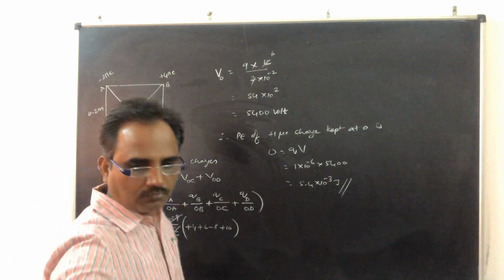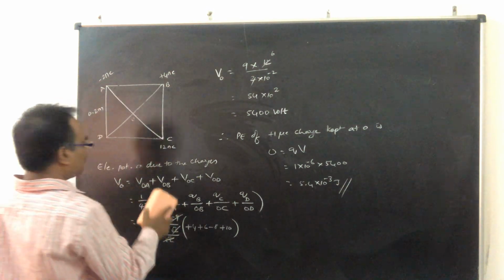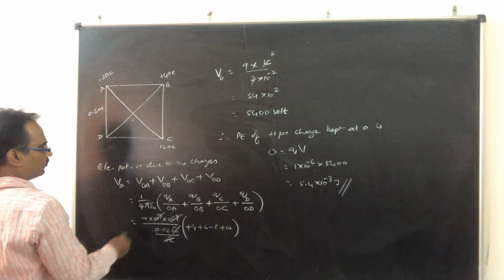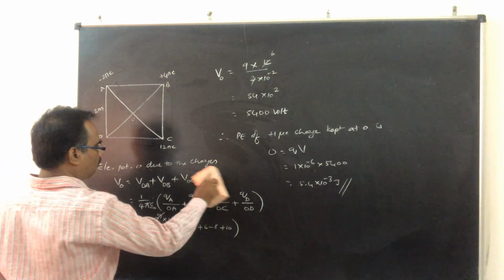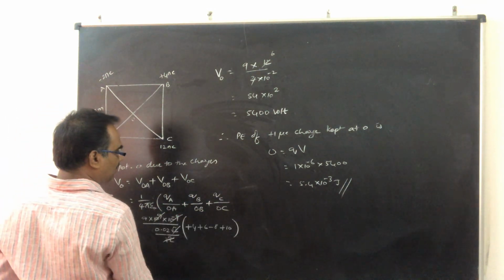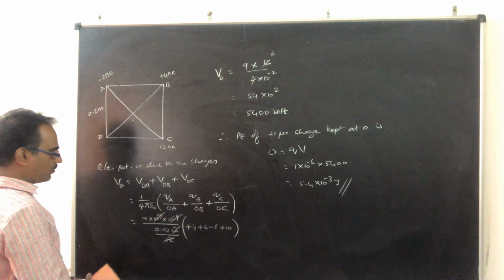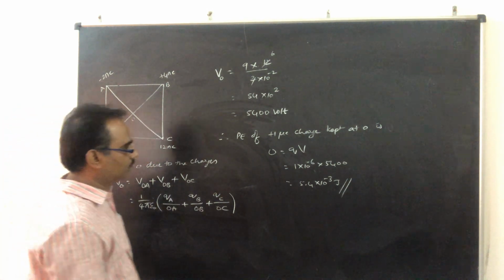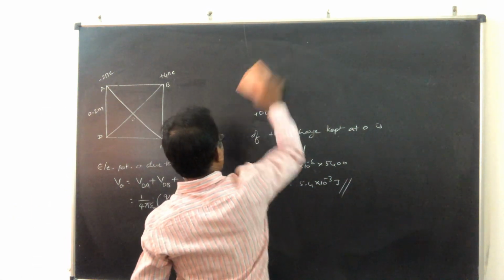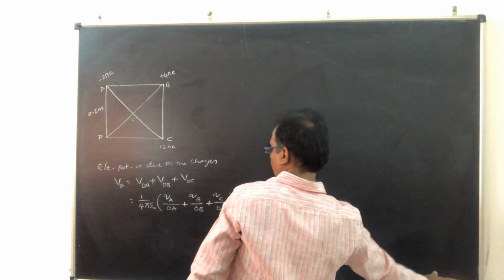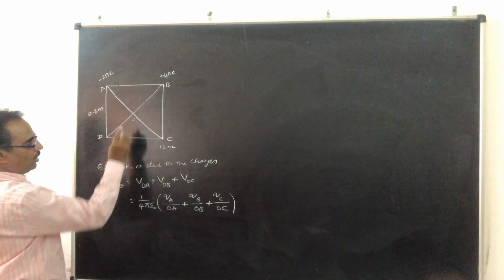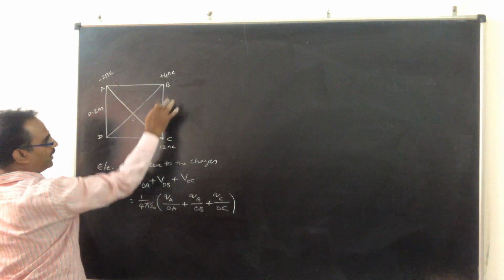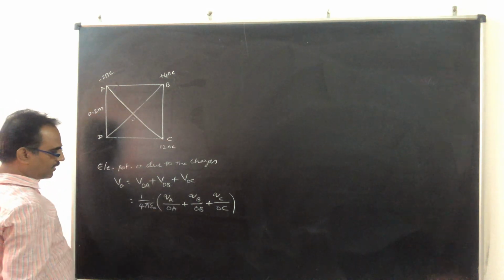So first you find electric potential at O due to the charges at A, B, C. You write the formula like this.